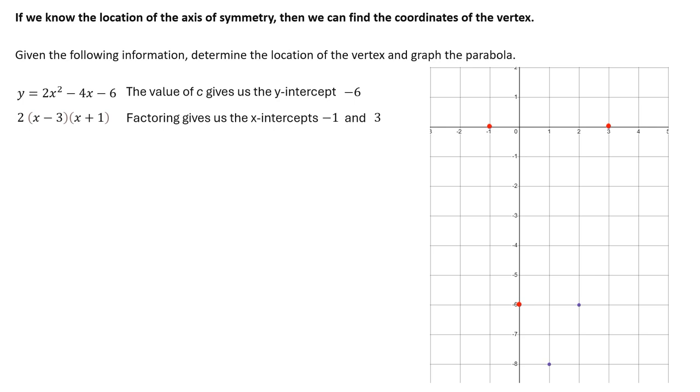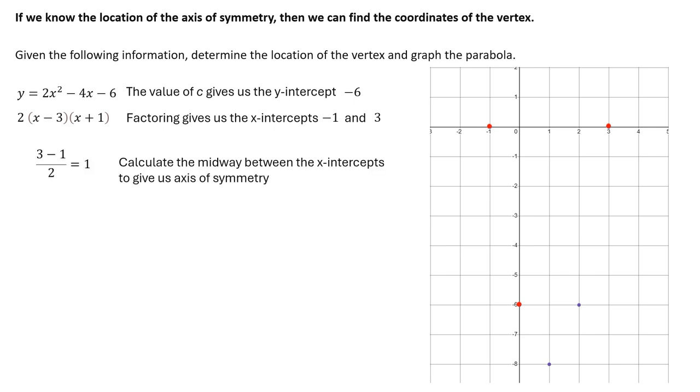To find the axis of symmetry, we add negative 1 and 3 together, giving us a result of 1, so our axis of symmetry is 1.